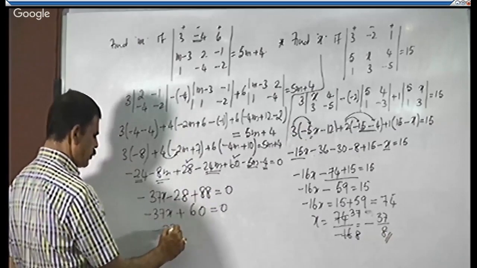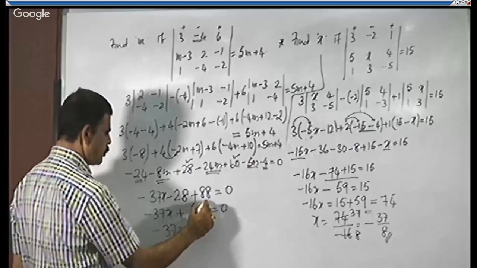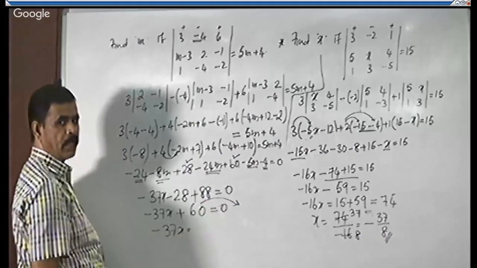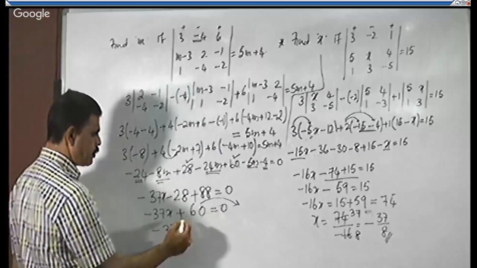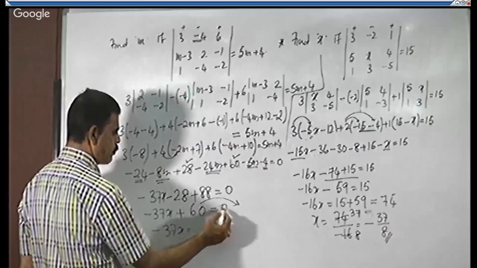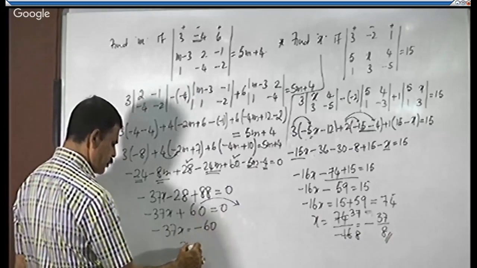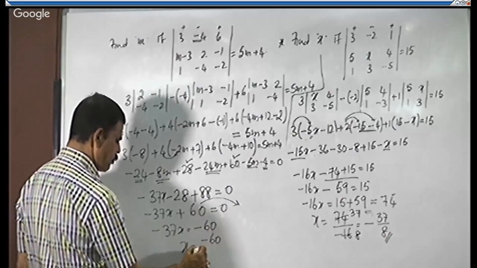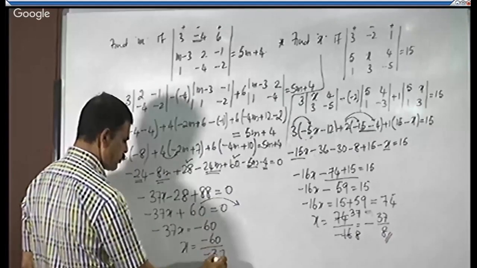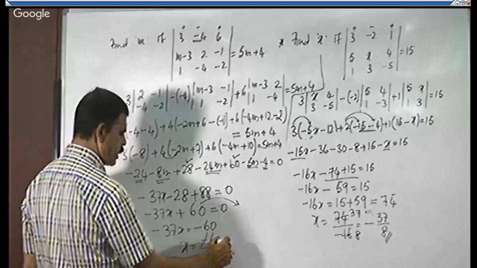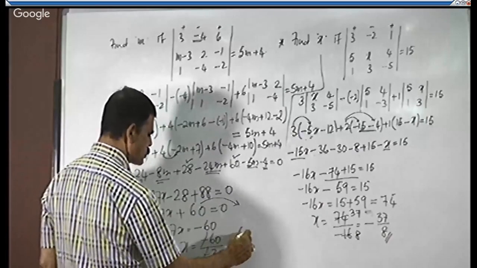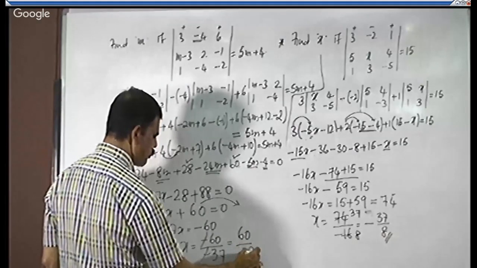Or minus 37x is equal to, take the plus 60 to the right side, transform it, its sign changes, it is minus 60. Therefore, x is equal to minus 60 by minus 37. Minus minus cancel. It is equal to 60 by 37.